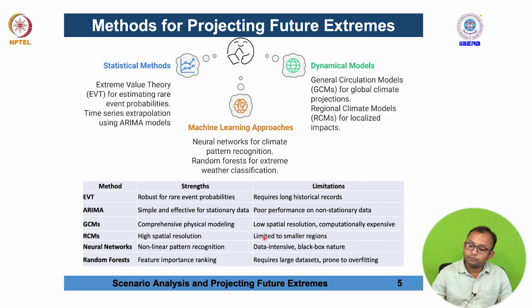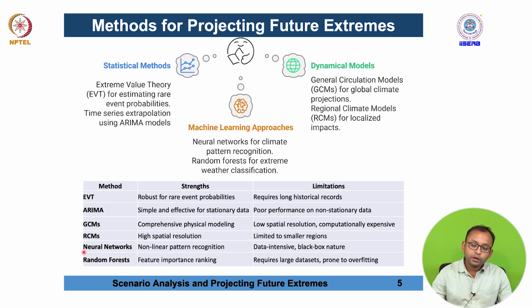If we have to apply it to a larger region, we have to scale up, either reduce the resolution of that data, or increase the computational efficiency of our modeling framework so that we can project these future extremes.